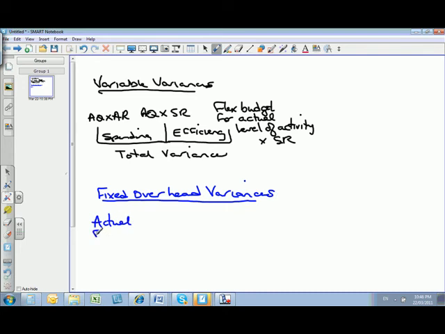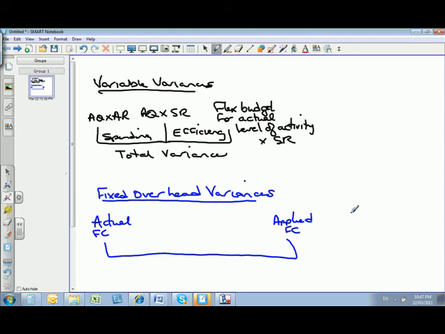Now we also have fixed overhead variances, and the fixed overhead variance is calculated by taking the actual fixed costs and comparing it to the fixed costs applied to the work in progress account. Now we know that overhead is applied based on a predetermined overhead rate.